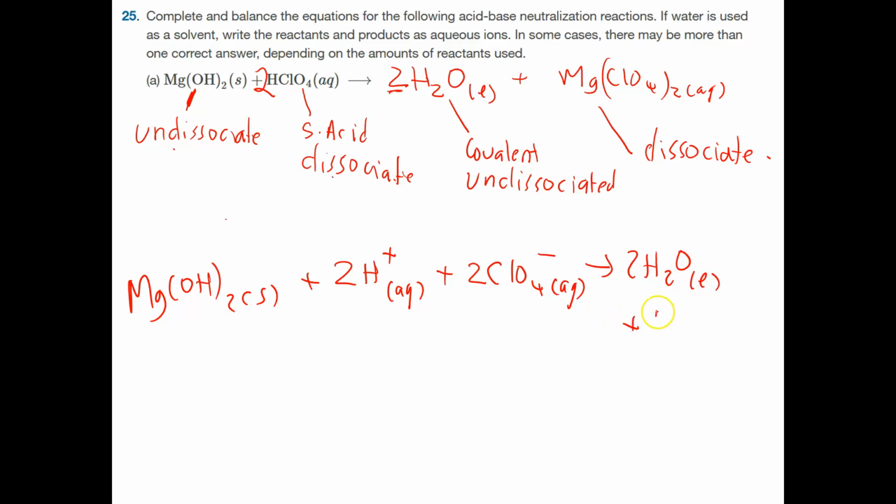And finally, a magnesium ion and 2 perchlorate anions. And everything looks balanced. A little bit cramped on the space there, but this is why I do encourage you to write things out on a nice big piece of paper. All right, we don't need to cancel ions out in this case to get the net ionic equation. So it looks like we're done.